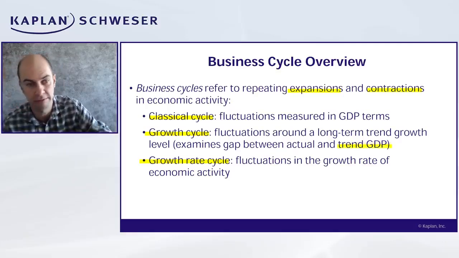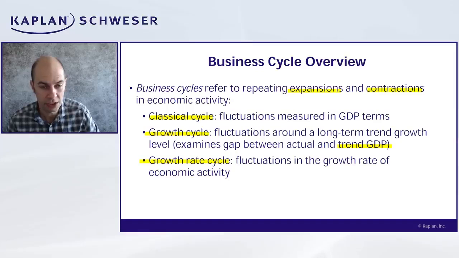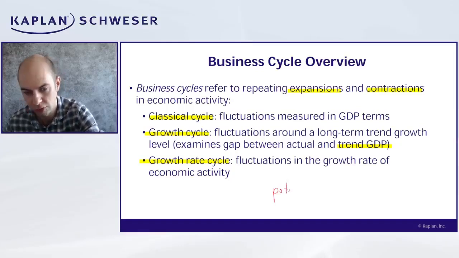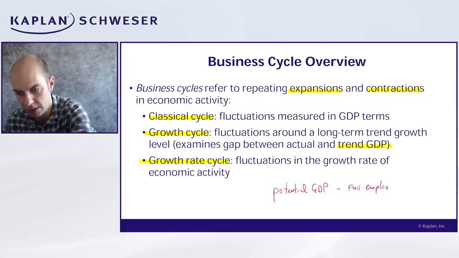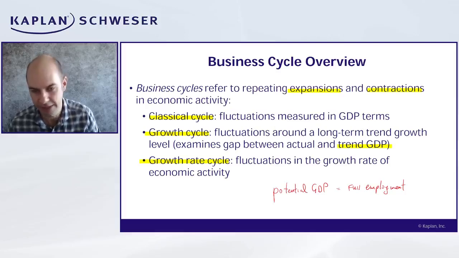So you're going to have the long-term GDP trend. Of course, here we also often mention a key word, the word potential GDP, my friends, which is taken to mean full employment. I like to think of this as the capacity of the economy.